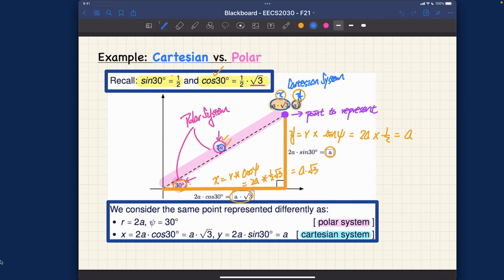For example, when a is equal to 3, 2a will be 6, and this will be 3 multiplied by the square root of 3. And this will be just a, which will be 3.